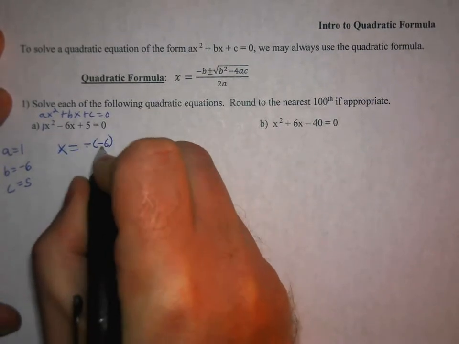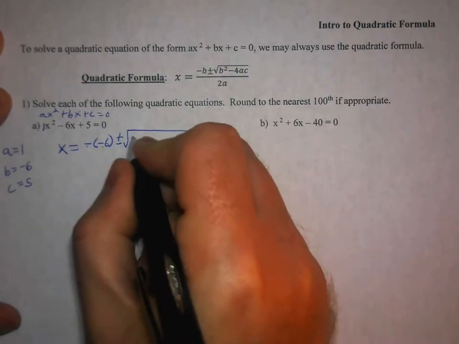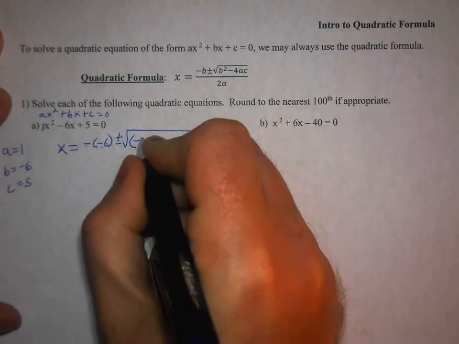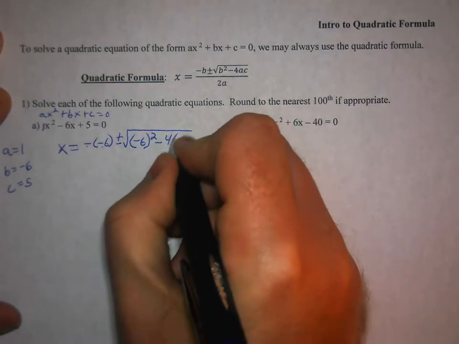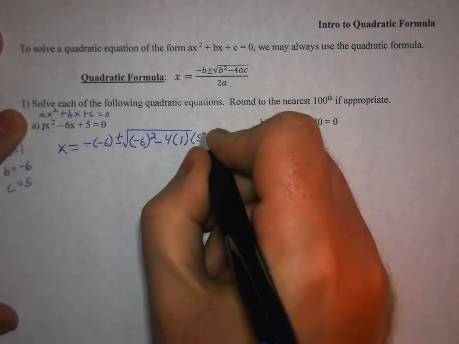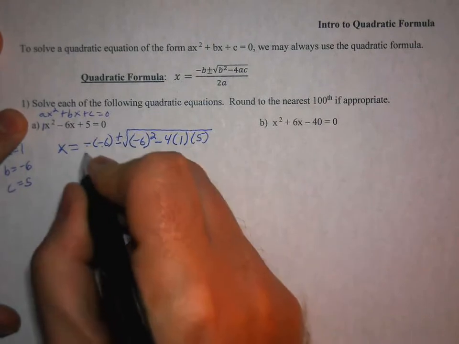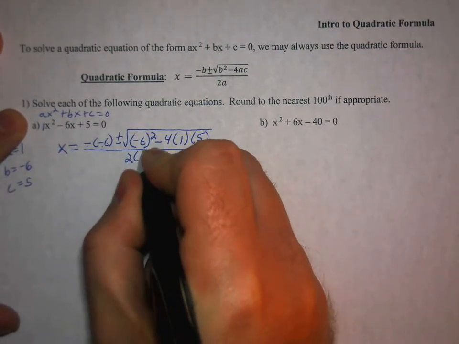So that's negative b plus or minus the square root of b squared, which is negative 6 squared, minus 4ac. So 4 times 1 times 5. And that's all divided by 2a, which is 2 times 1.